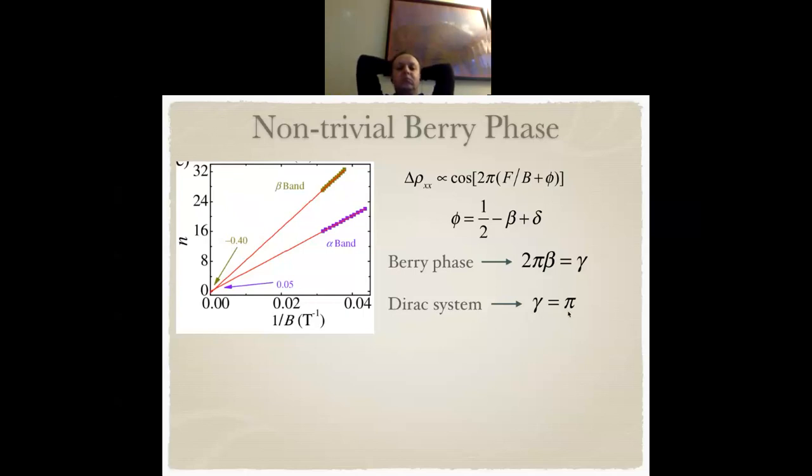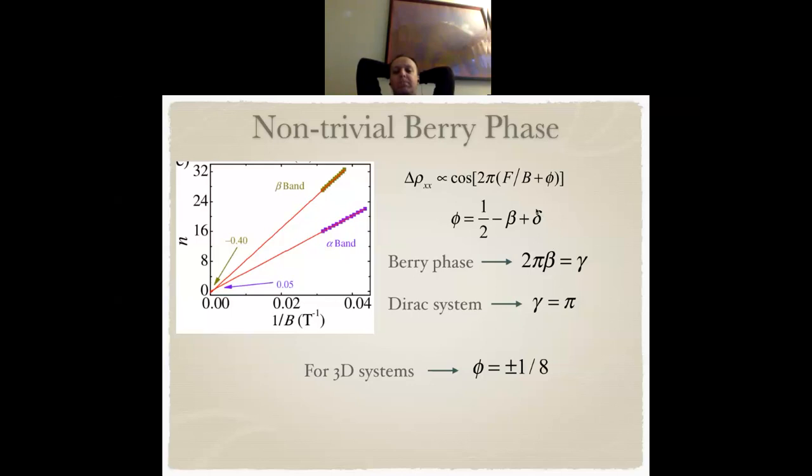So if we were to solve for beta with gamma as pi, you get a 1/2 here. And basically that will cancel with this 1/2 and you're left with this other phase factor. The other phase factor they don't mention in the paper, or actually they might, but you get basically a plus or minus 1/8 from this phase factor for a 3D Fermi surface.